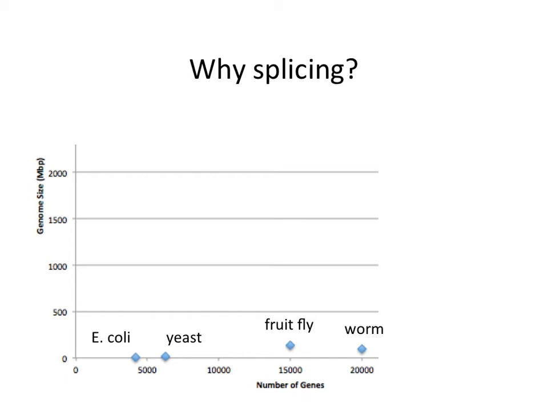Bacteria, those lowly little bacteria, not so many genes. What about worms? Large number of genes. What's not different about these species? Genome size. So tell me, how is it that with a tiny little genome, E. coli has so few genes, and in worms, the genome's not that much bigger, but worms are so, and Drosophila too, let's not discount the fruit fly, right?